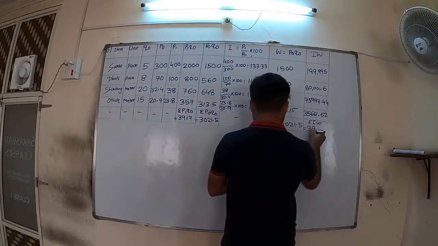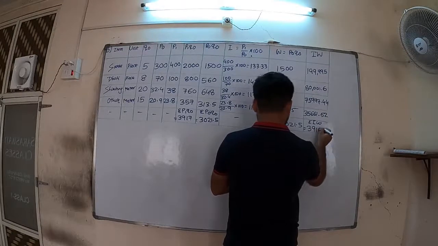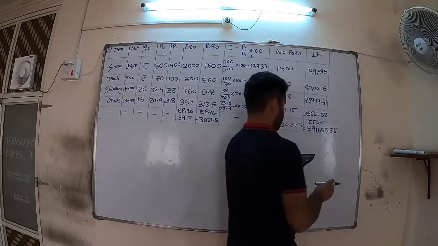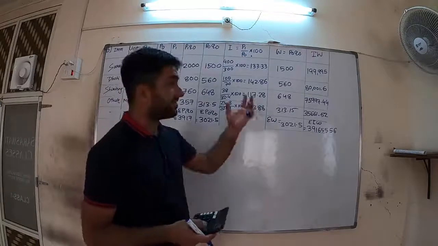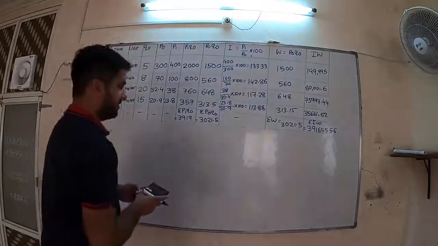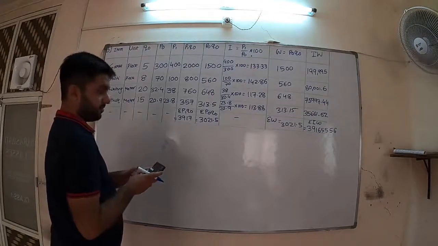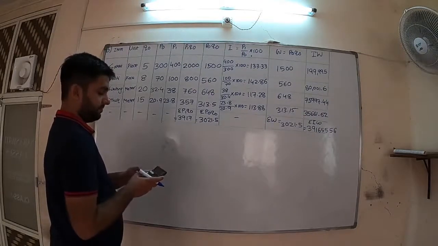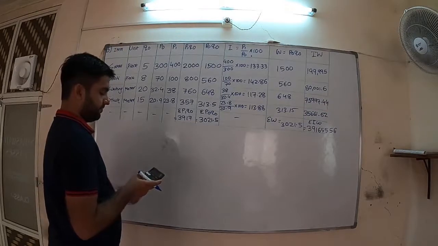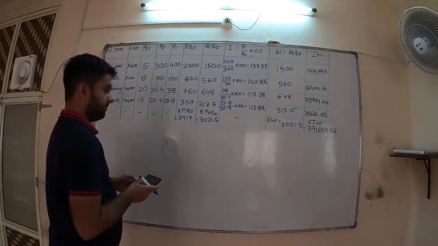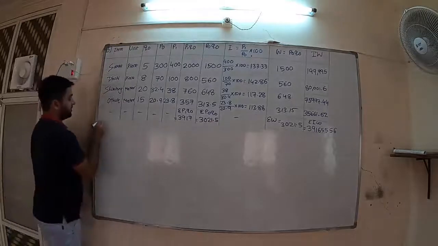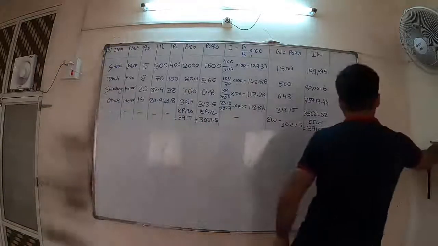So the sum is 3,91,655.56. There are so many complicated points. Okay, let me check it once more. Okay, that is okay.